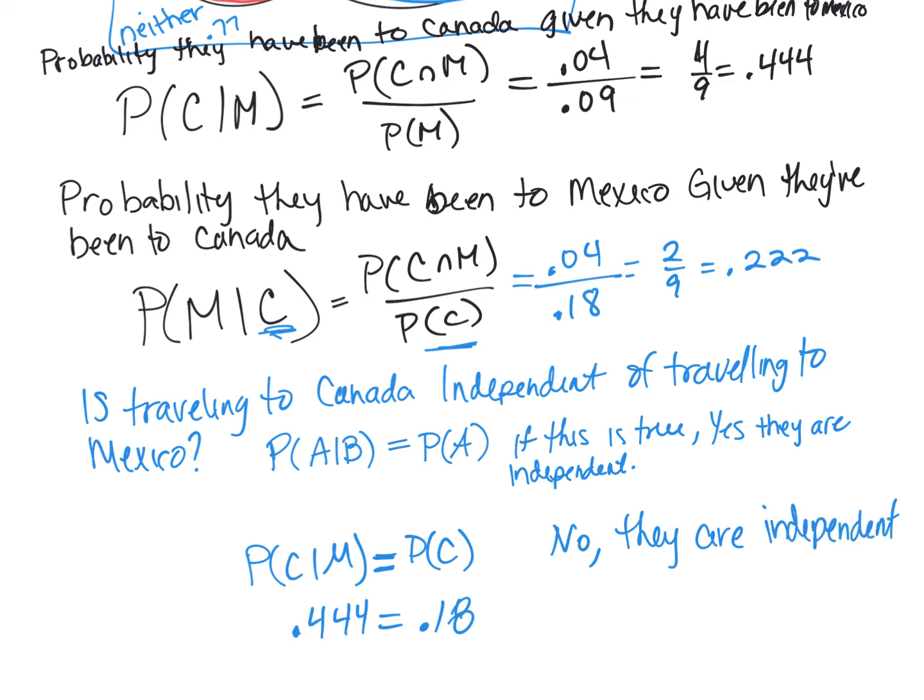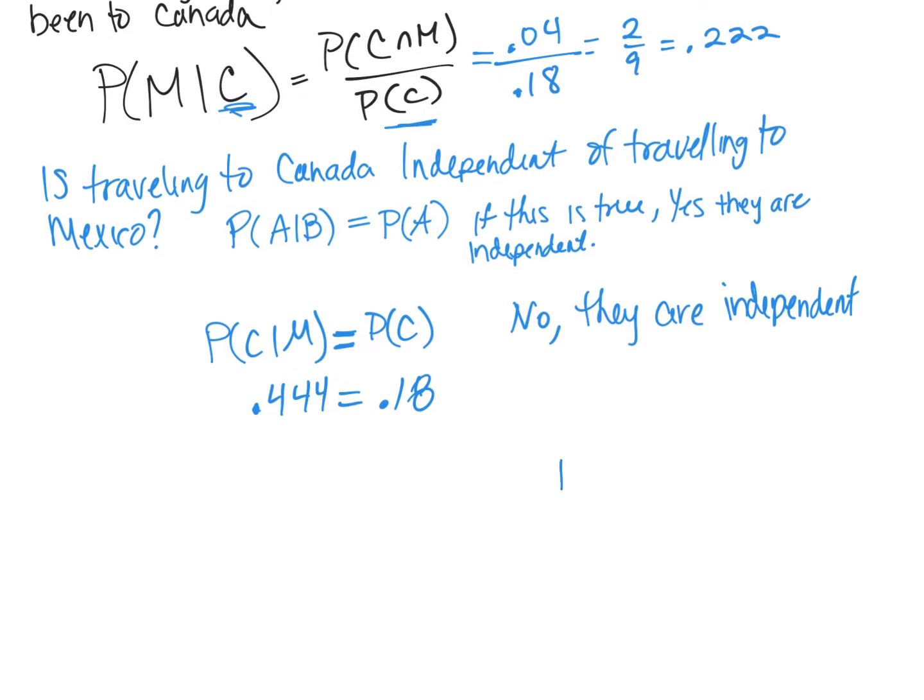Now, if I had done it the other way, would I end up with the same result? Probability of M given C, is that equal to the probability of M? No. This was 0.22, and this was 0.09. Same answer. So it doesn't matter which way I choose to do that calculation, but it has to be the calculation. It's not a judgment call.